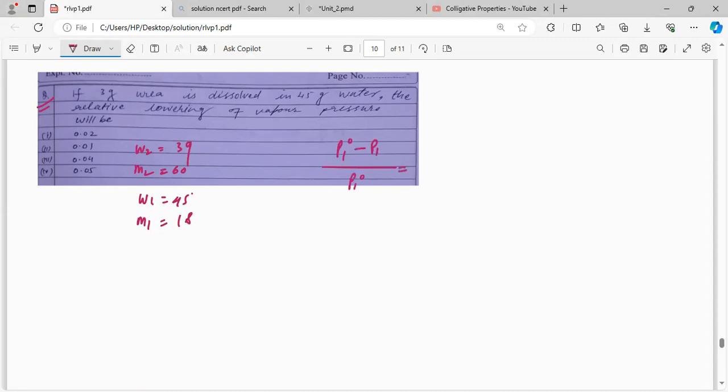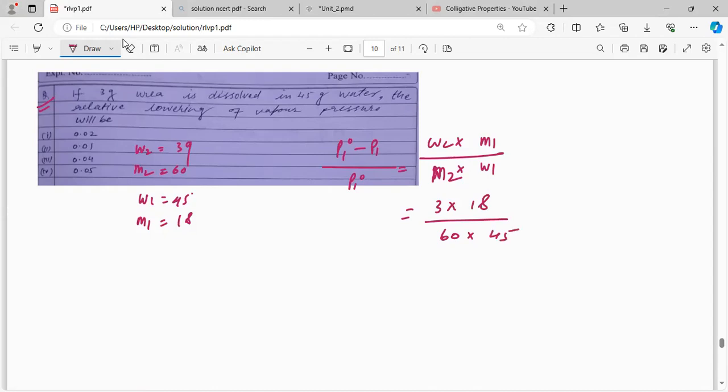So directly we have to calculate it, which is W2 upon M2 multiplied by M1 upon W1. W2 is 3 gram, M1 is 18, M2 is 60 and W1 is 45.